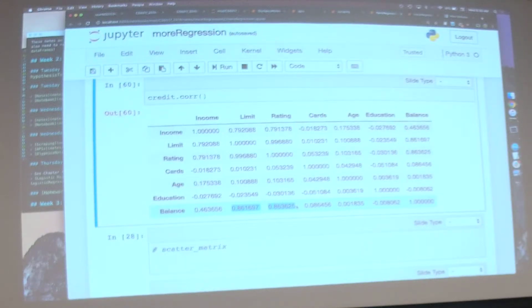Are there any that don't seem to be correlated with anything, that are surprising or expected? Age looks like it has some correlation with income. So older people make more money, I guess. A little bit of correlation here.